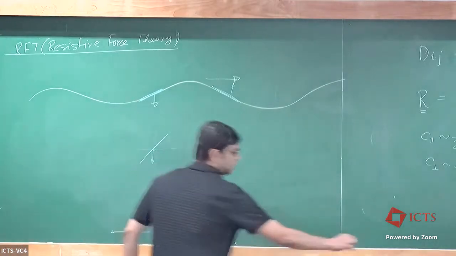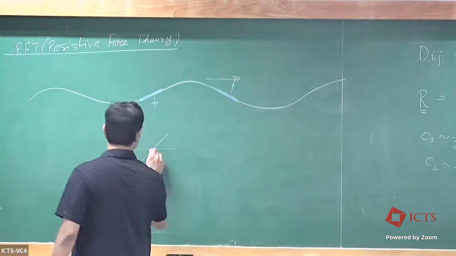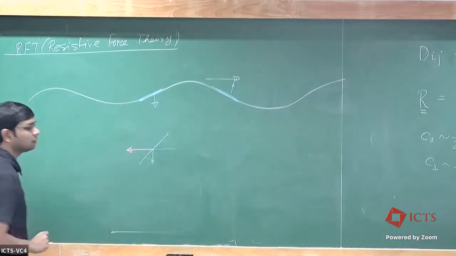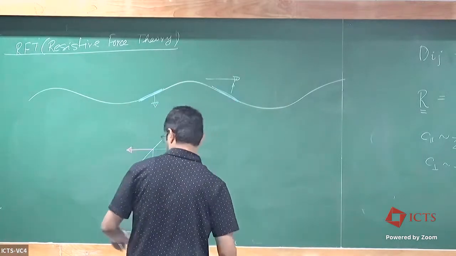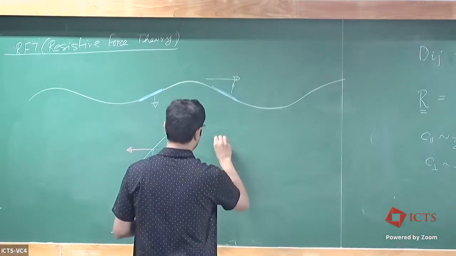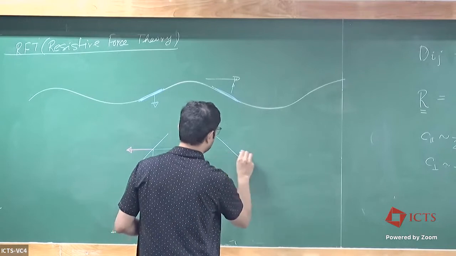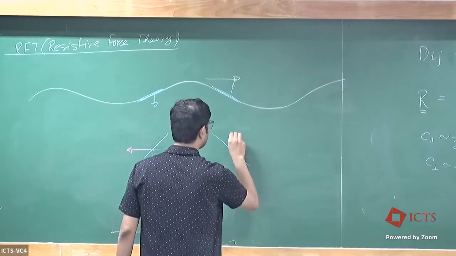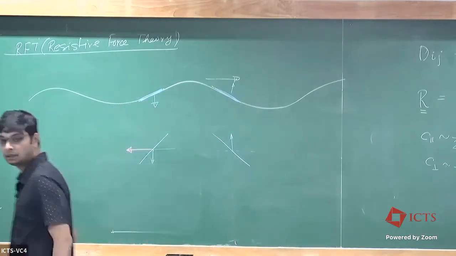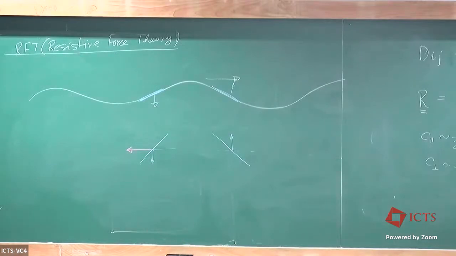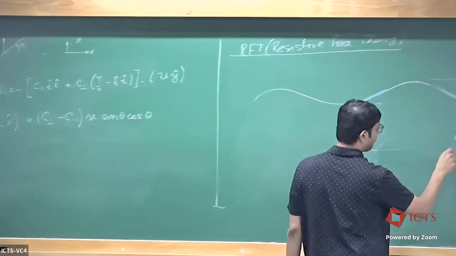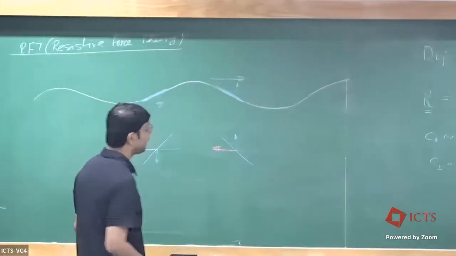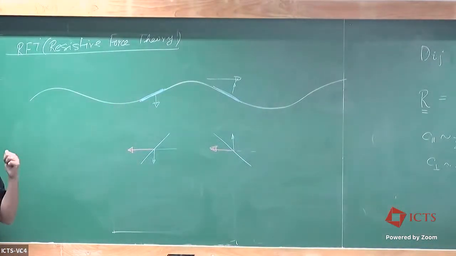This gets a push in the left direction. Which direction will the other one get pushed, just moving up? Let's just use this formula and stare at it. Both of them are getting pushed by the fluid in the left direction.